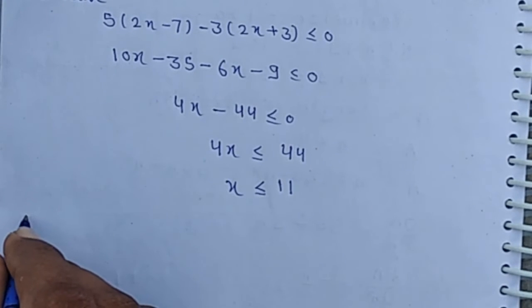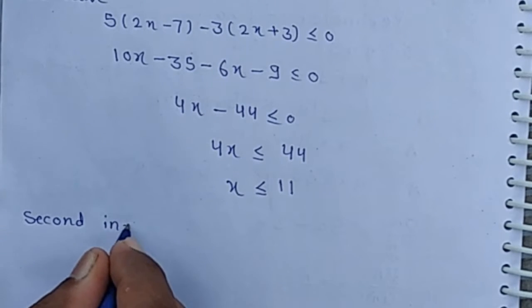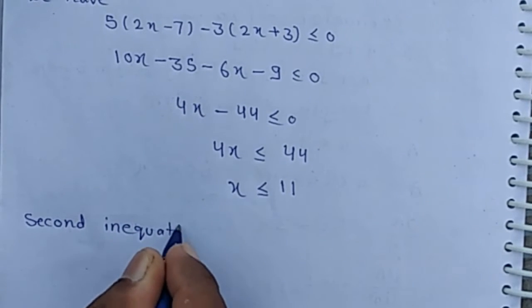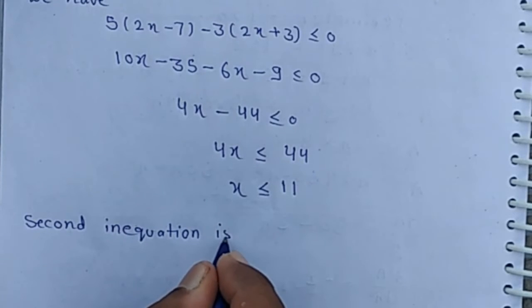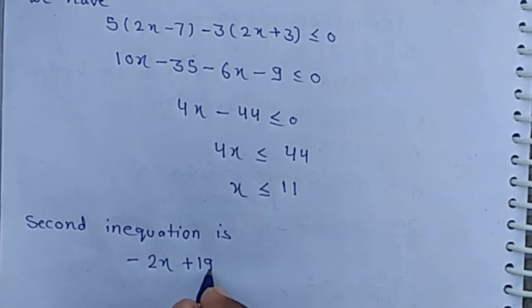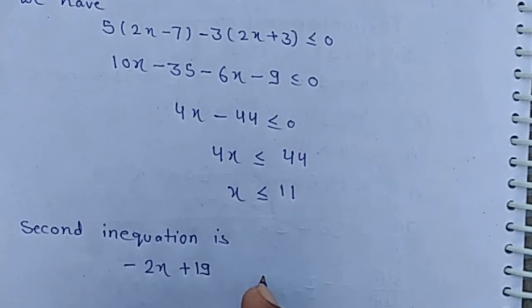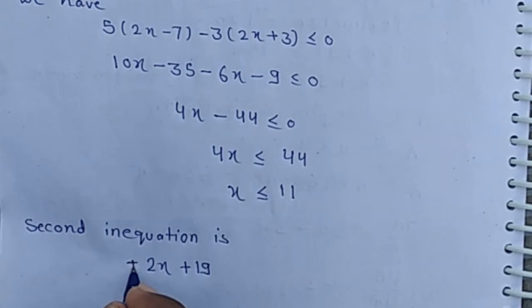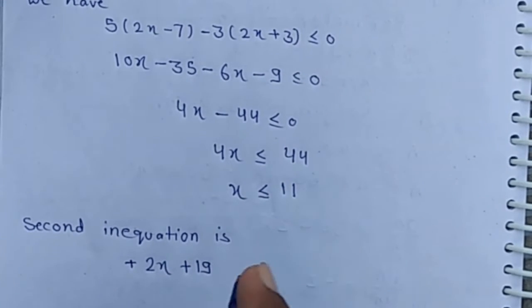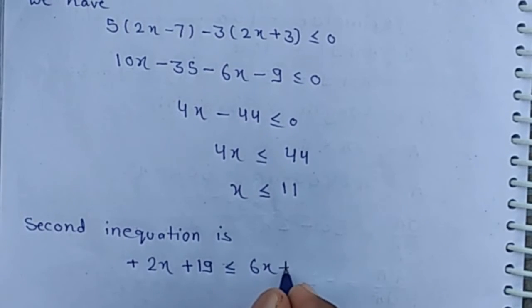Now the second inequality, 2x plus 19 is less than or equal to 6x plus 47.